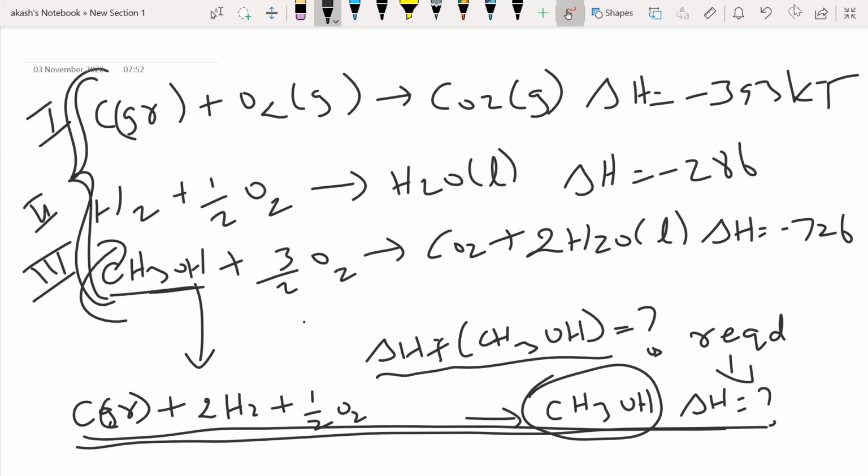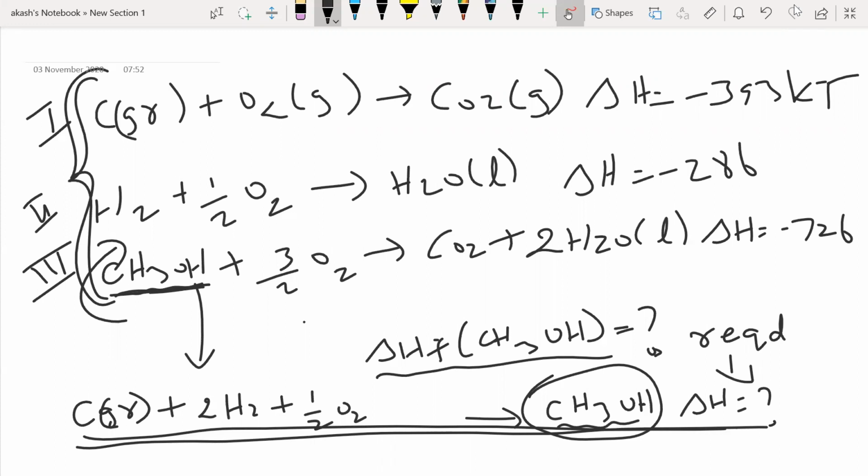The simplest way of doing it is locating the reactants and products. I require CH3OH on the product side. The first thing I have to do is locate where CH3OH is in the given equations. I find it in the third equation. Wonderful, but there's a problem: I need CH3OH on the product side, but in the given equation it is on the reactant side.